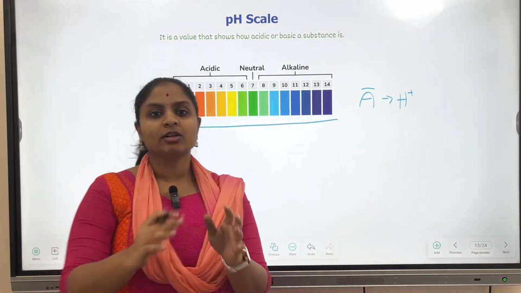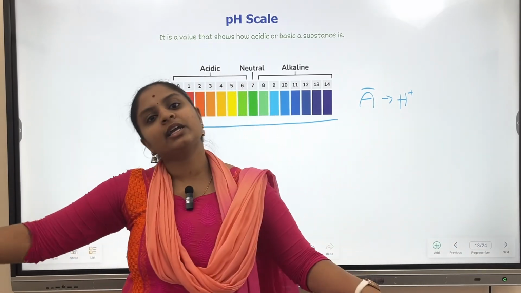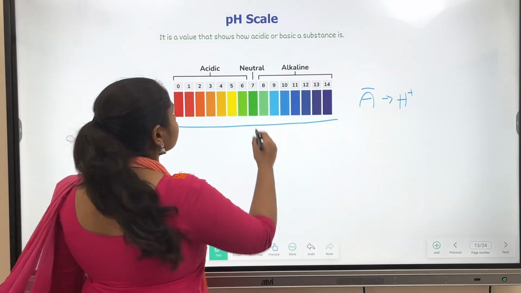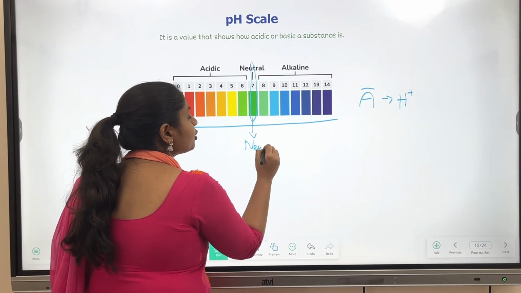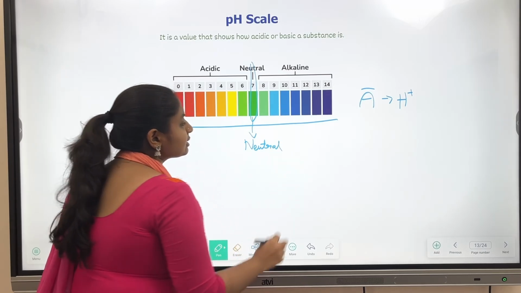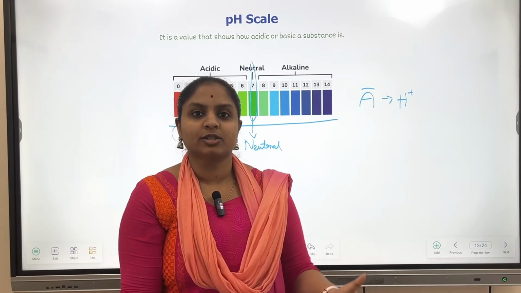So what they did, they took water. Water is neutral, it produces an equal amount of H+ and OH-. That is why they marked water, or any neutral liquid, as pH 7. So pH 7 means it is neutral.